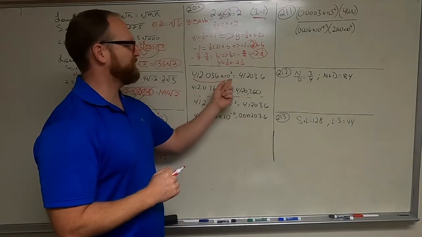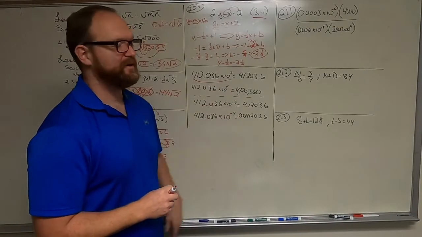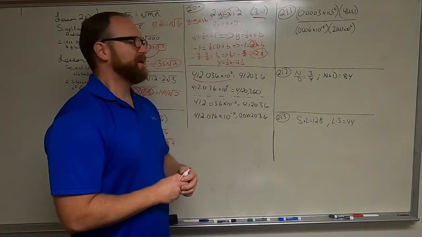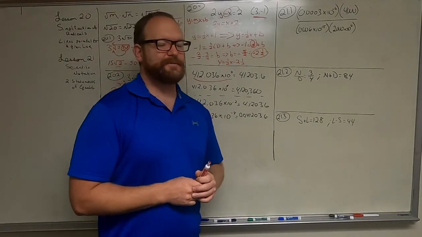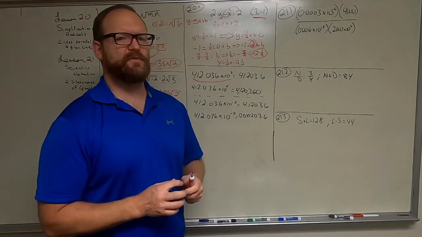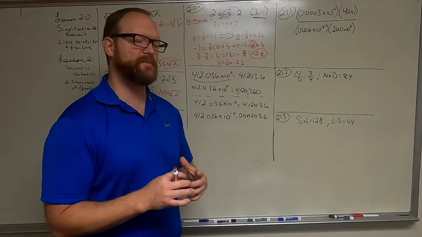But why do we have the 10 to the second power, 10 to the fourth power, and even down here 10 to the negative 2 or 10 to the negative fourth power? Well, it's why they call it scientific notation. In science, a lot of times we deal with things that are extremely big or extremely small.